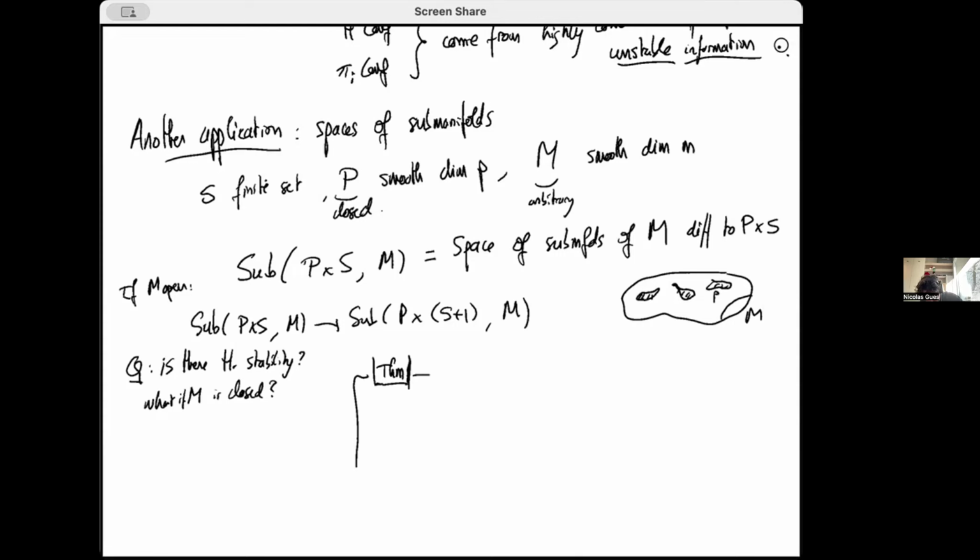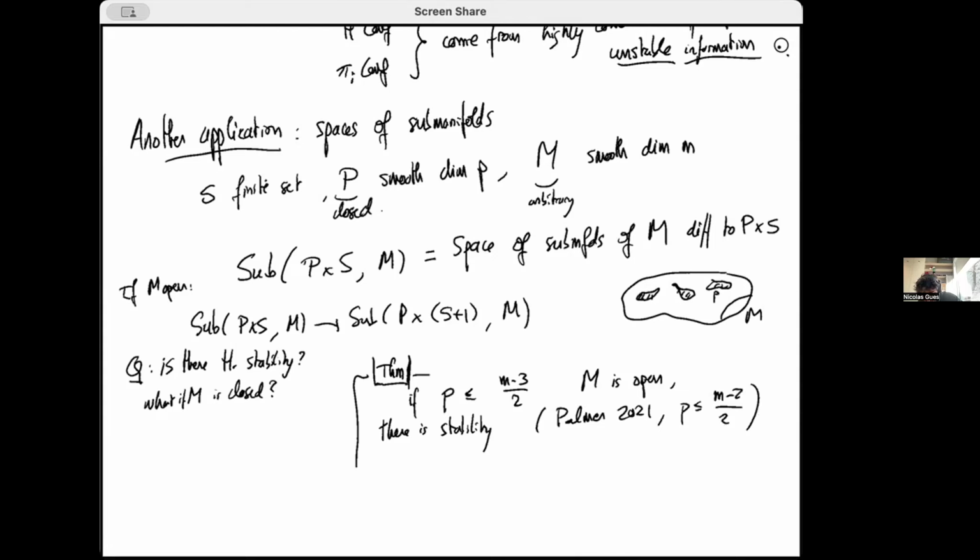And so the theorem is that if P is less than (m minus 3) over 2 and M is open, then there is stability. And this reproves a theorem of Palmer from 2021. And it very slightly improves the range because his range was (m minus 2) over 2. So again, half a dimension.